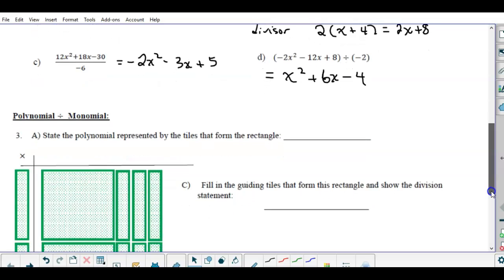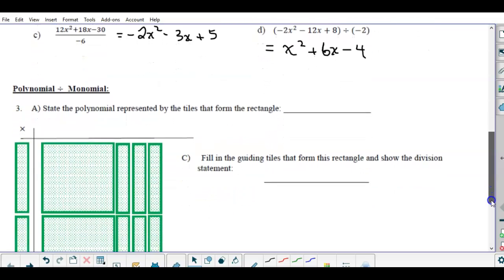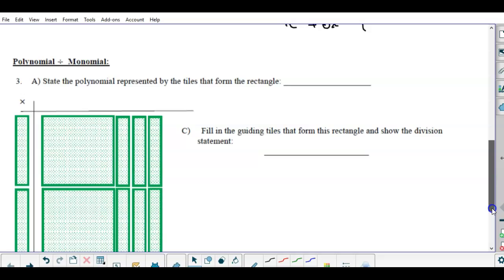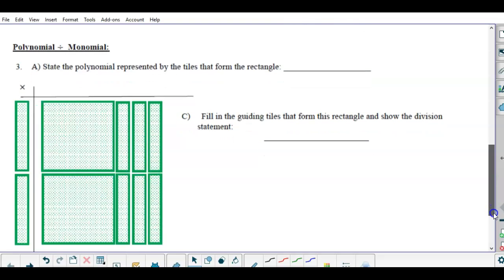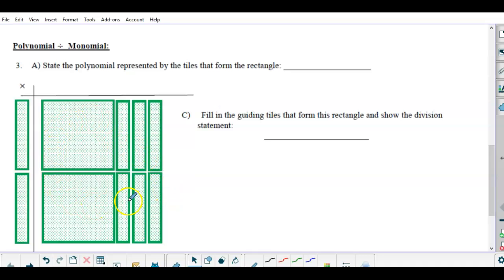Then polynomial divided by a monomial. State the polynomial represented by the tiles that form the rectangle. This is like the answer in a multiplication, and then we're going to work backwards. So there's 2x squareds, and there's 6x's.